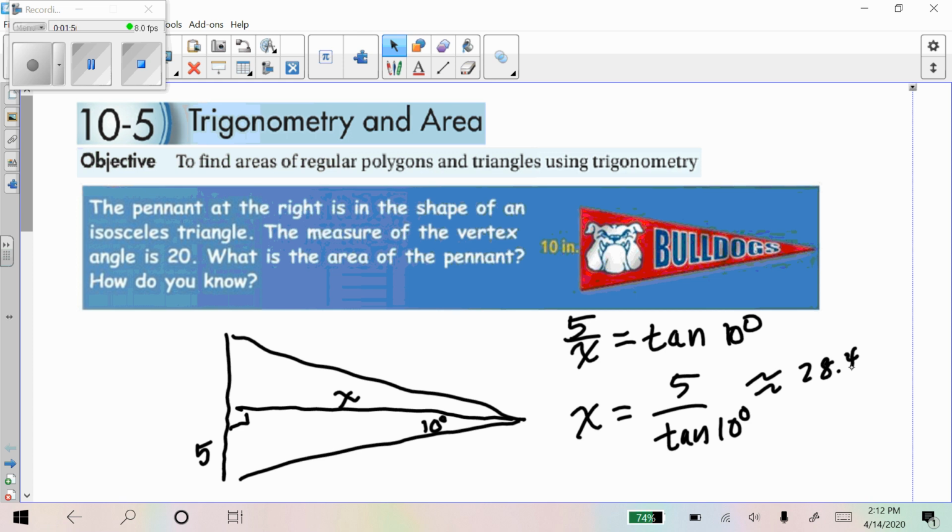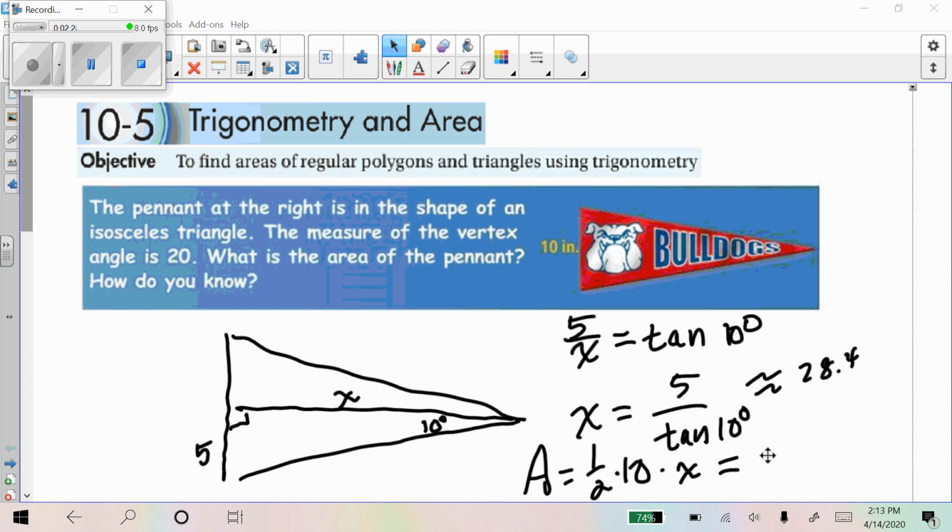Now in my calculator, since I need to use that for the area and I want to be as accurate as possible, I'm going to store that into x. Then I'm going to use the area formula for a triangle. It's 1/2 the base, which is 10, times the height, which is x, and that x is stored in my calculator, so I'm just going to type that x in directly so I can get it as accurate as possible.